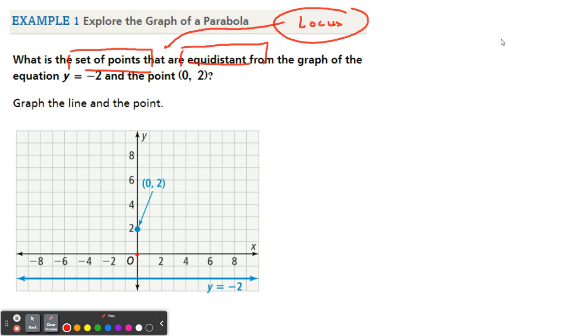So any point on this horizontal line is going to be 4 away from the line down here. If I put a point there, it would be 4 this way and 4 that way. So again, this is 2 and 2, and this is 4 and 4.